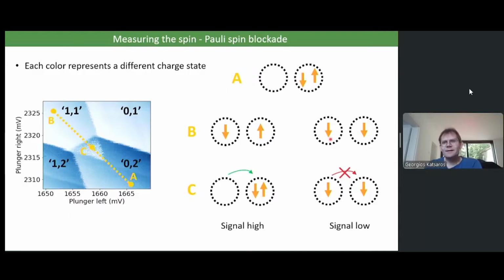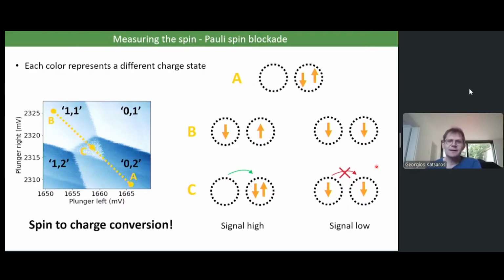On the other hand, if in the position B both spins point down, then you cannot bring back the second spin because this is a triplet configuration, and as I told you, due to exchange interaction, the triplet is higher in energy. So this is the mechanism which is called spin-to-charge conversion.